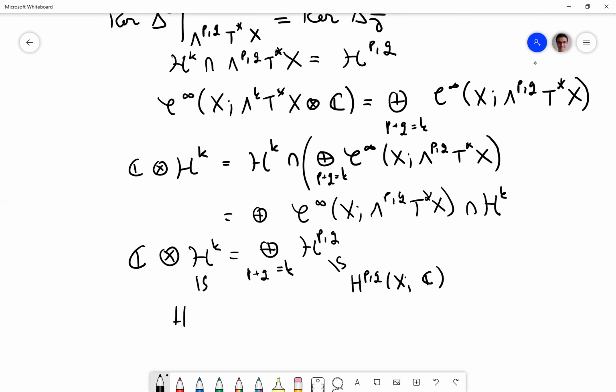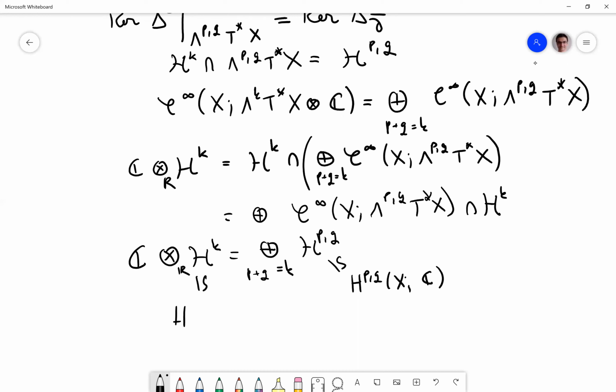So these are complex valued K forms, as we discussed in a few words in the case of Riemannian manifolds. Harmonic complex valued K forms are just simply complex valued K forms whose both real and imaginary part are harmonic.